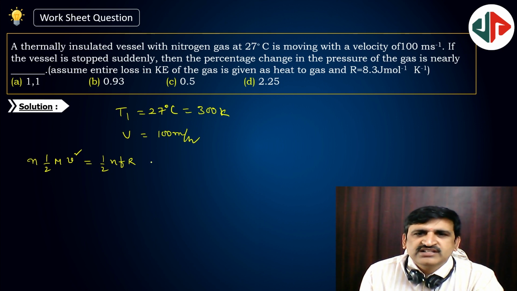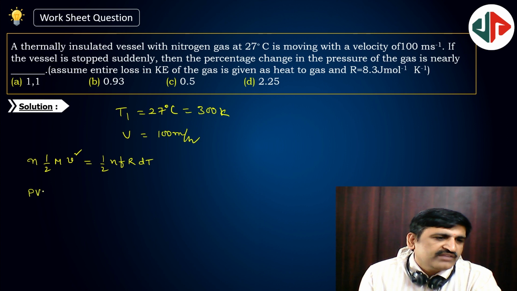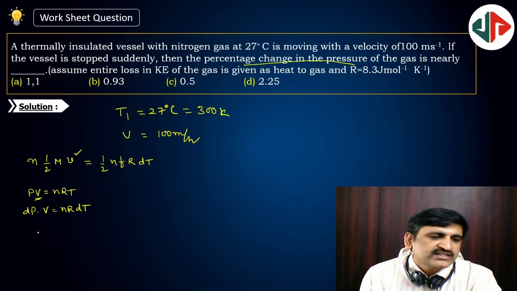Then the percentage change in pressure we have to find. dT is there, half n f R dT. And we have one more, PV is equal to nRT. Here the volume of the vessel is not changing, so pressure will change. So dP into V is equal to nR dT. I would like to divide with P, because he is asking the percentage change in pressure.